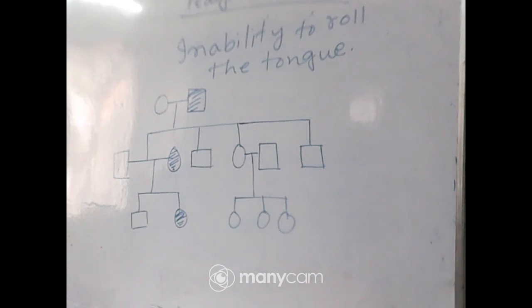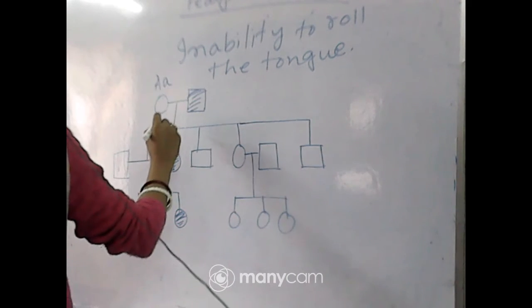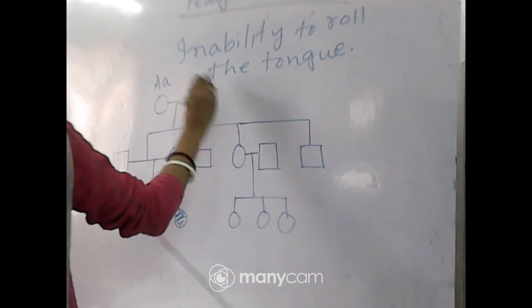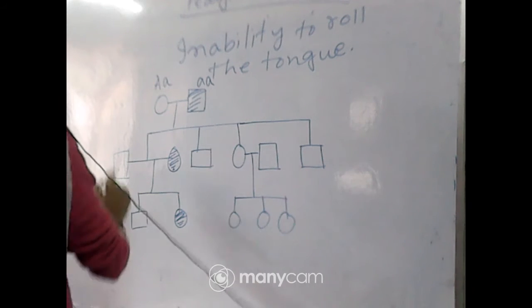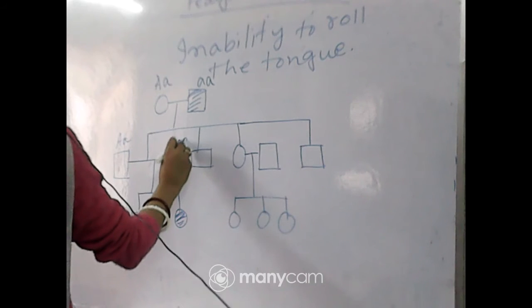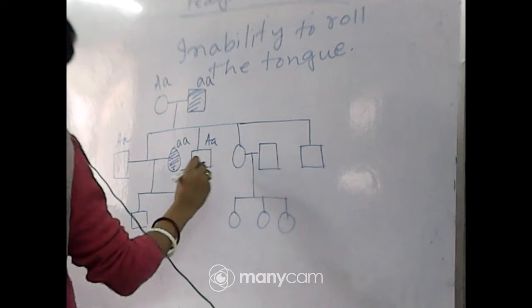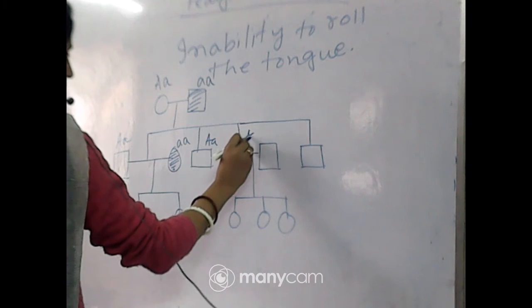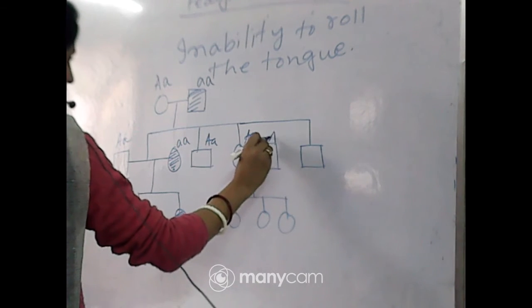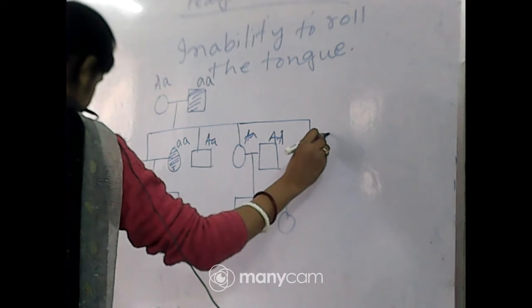Okay, so this one is AA heterozygous, with the recessive being small a. Only the recessive can roll the tongue.